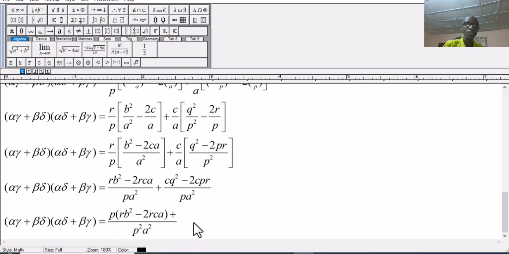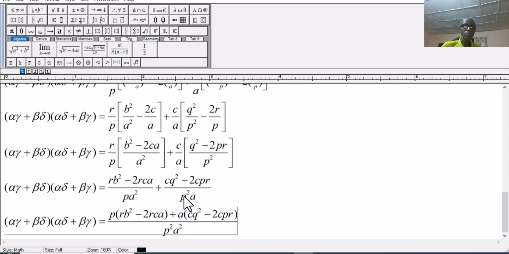This is supposed to be p squared and a here. So on this side you have a into bracket cq squared minus 2cpr. So we have that.